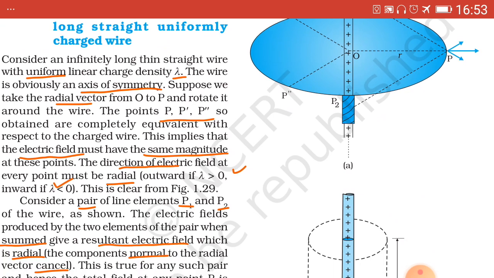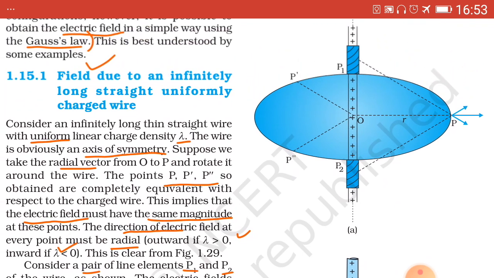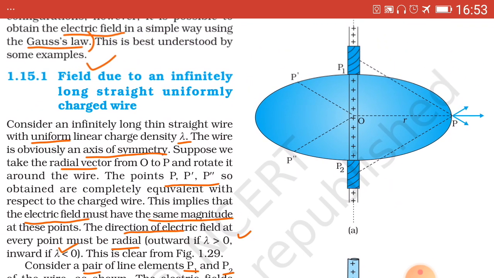That is outward if lambda greater than 0 and inward if lambda less than 0, as shown in the figure 1.29 a part, that is given besides first figure. Now in this figure, radial electric field.